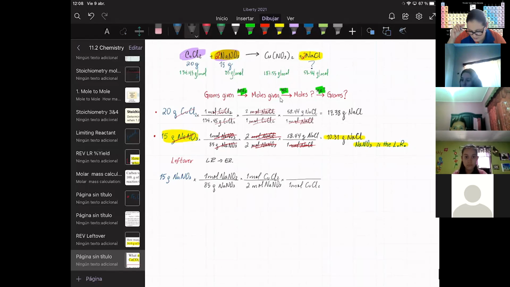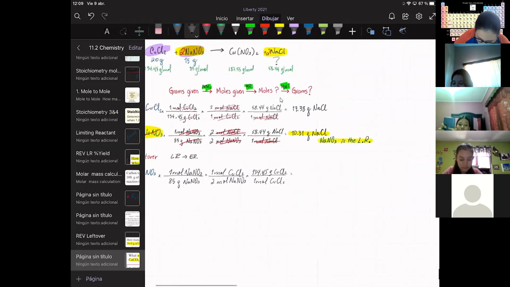134.45 grams of CuCl2. How much is this? 11.86.